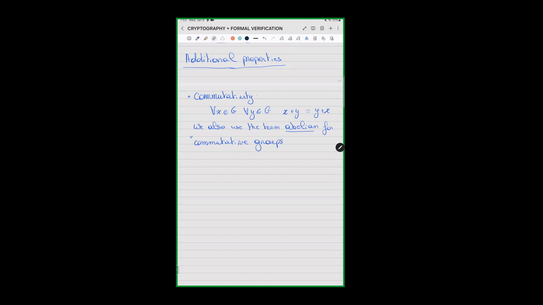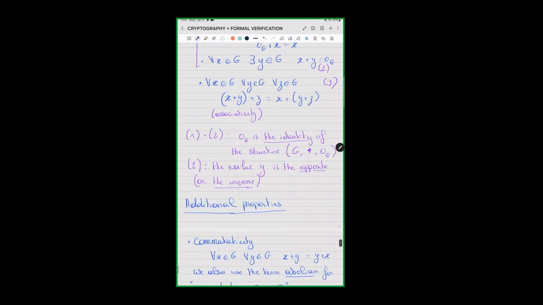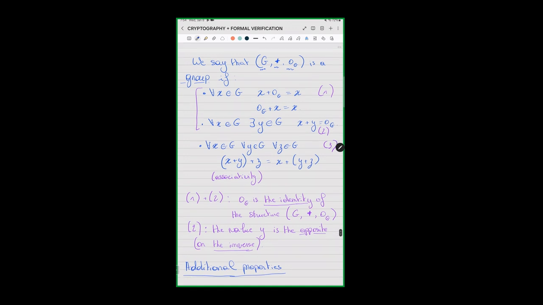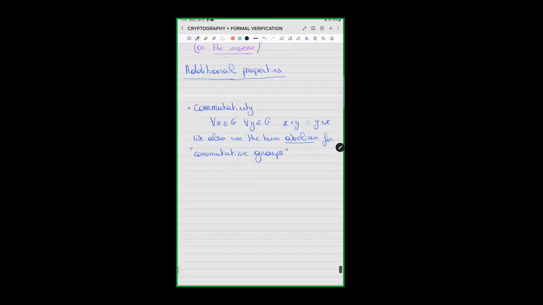So a commutative group is just a group that, in addition to having these properties, also has the commutativity property, and we also call them abelian.